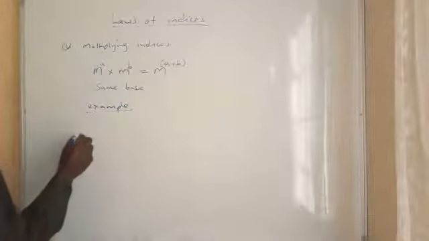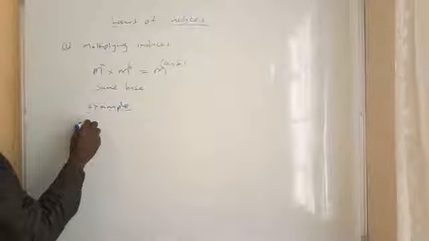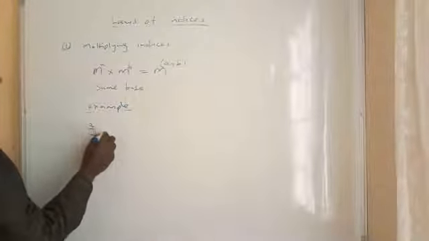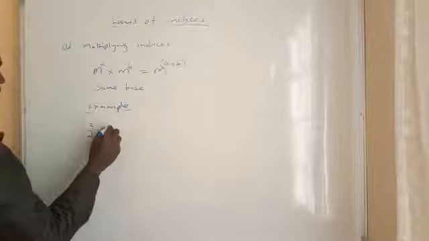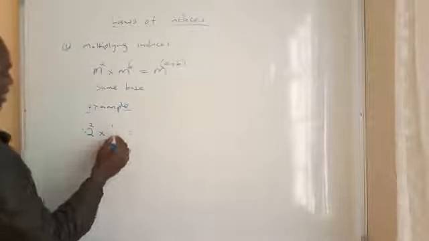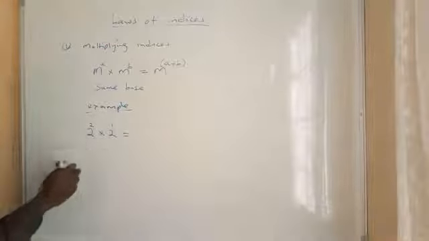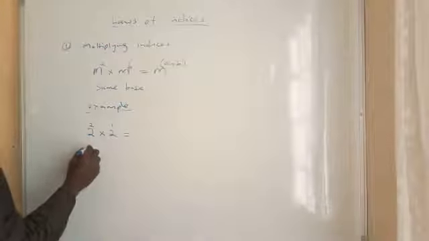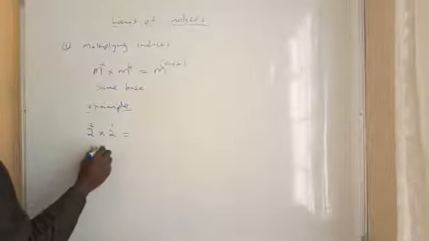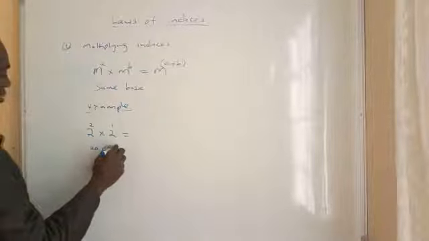If I have, for example, 2 power 2 times 2 power 1, then these bases are the same base, that is base 2.